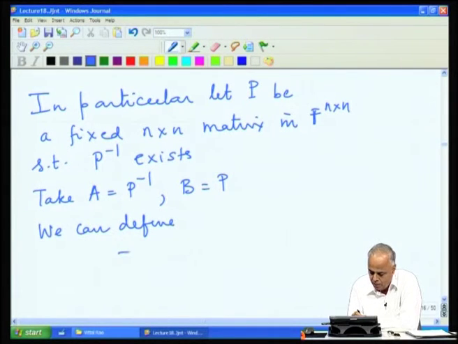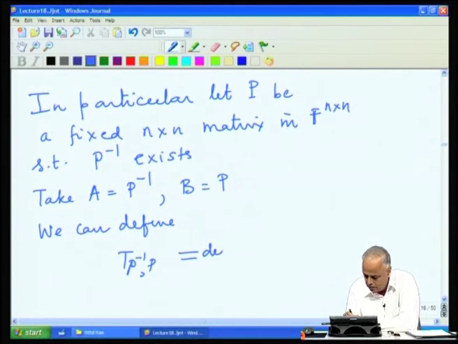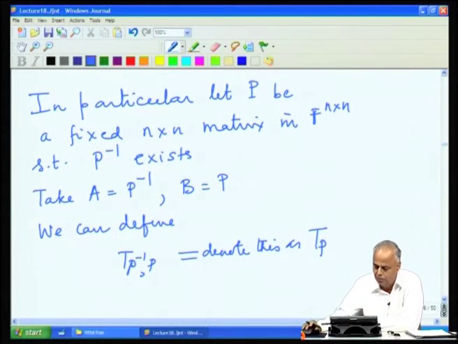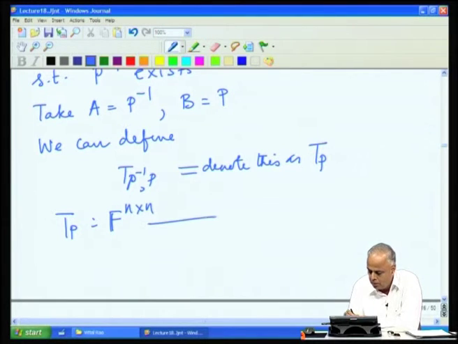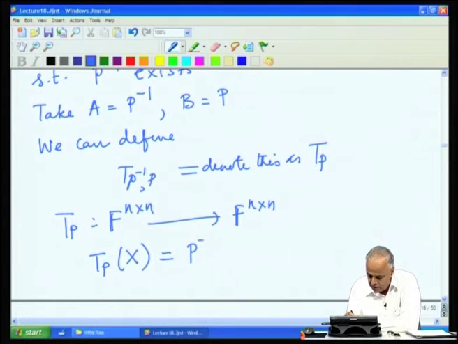What is TAB now? T P inverse, P. So, in short we denote this as just TP, because there is only one matrix involved and its inverse. So, we will call it TP. How is TP defined? TP is the transformation from Fn cross n to Fn cross n, and it is defined as TP of x is A, in this case P inverse, x, B, in this case it is P, for every x in Fn cross n.